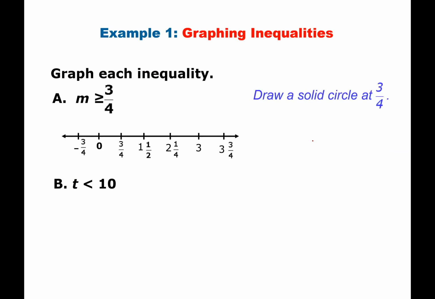So m is greater than or equal to 3 over 4. So at 3 over 4, I draw a circle. Okay, and it is greater than, therefore I should go to the right. Okay, and I also have an equal sign, therefore I should shade the circle.